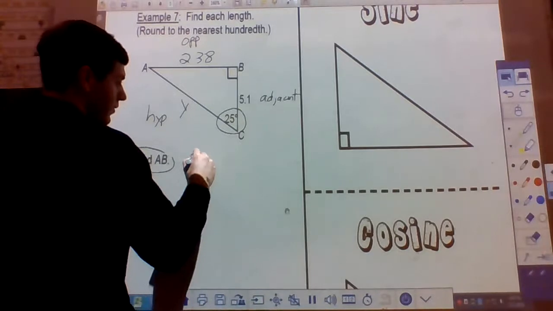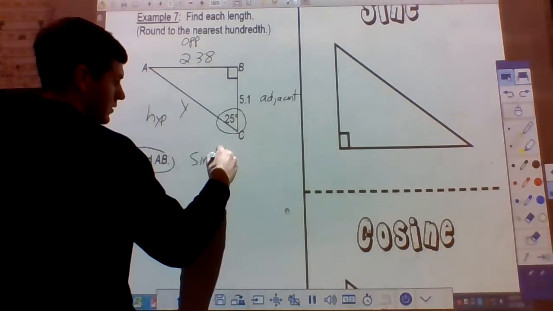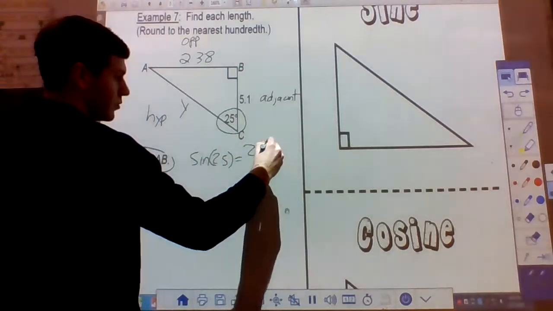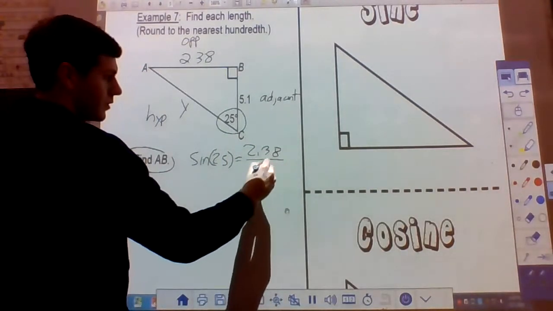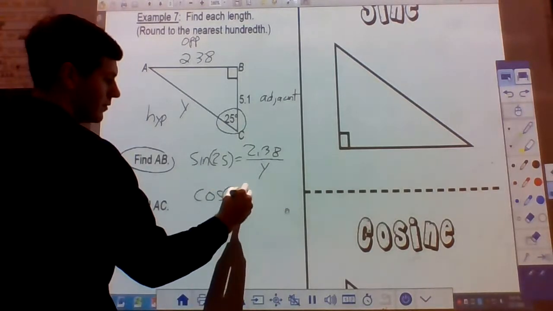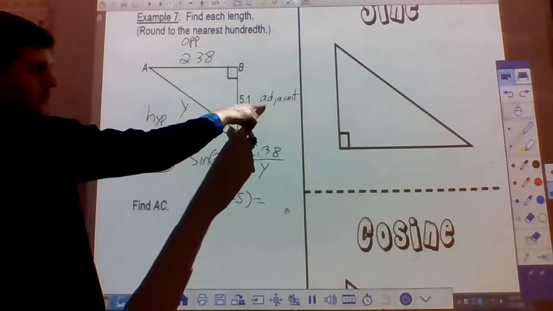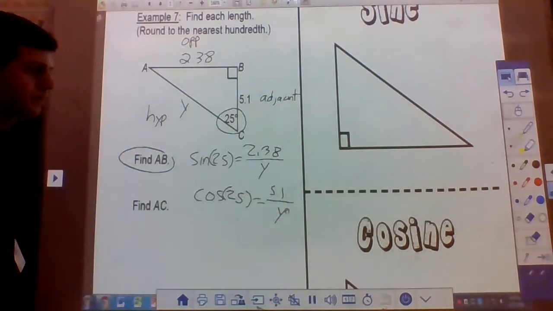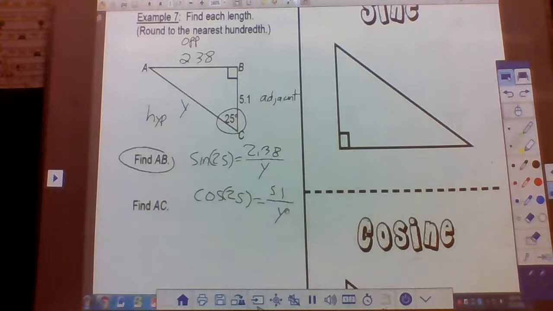So sine of 25 is going to be equal to the opposite, which we found to be 2.38, over the hypotenuse, or we can do cosine of 25 is adjacent, so 5.1 over y. Either way is going to work for us.